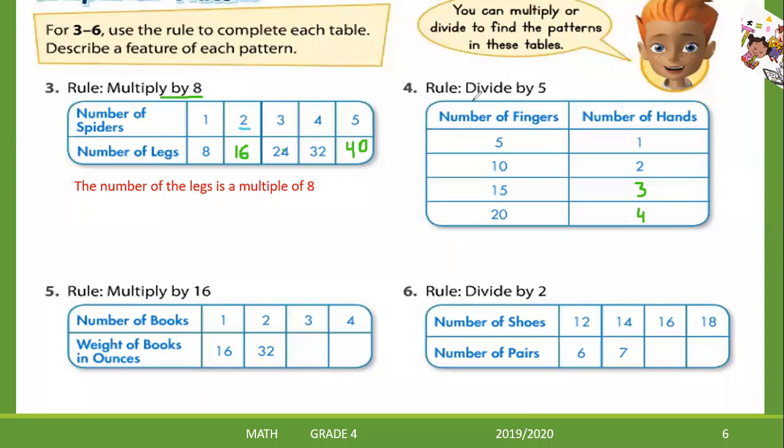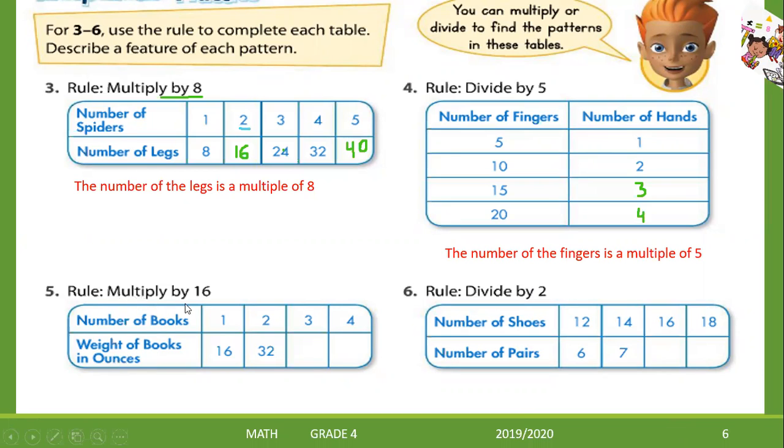We have to look at the number of fingers or number of hands and describe them. If you take the description from the number of fingers, you can say the number of fingers is a multiple of 5.